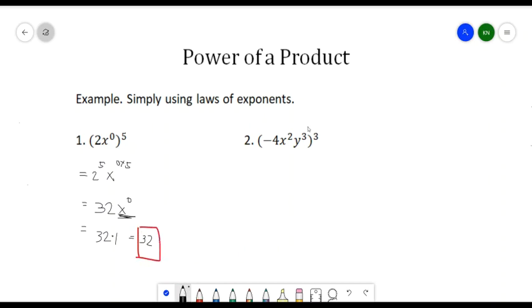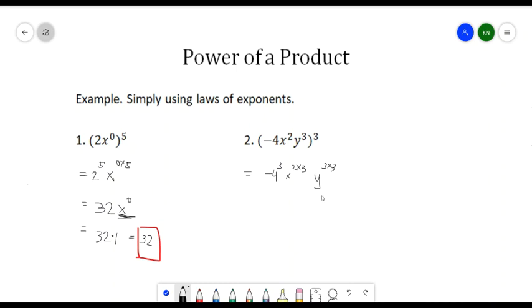For another example, we have here the same process. You also have to distribute the exponents to each term inside the parentheses. So we have negative 4 cubed, x raised to 2 times 3, then we have y raised to 3 times 3, right?